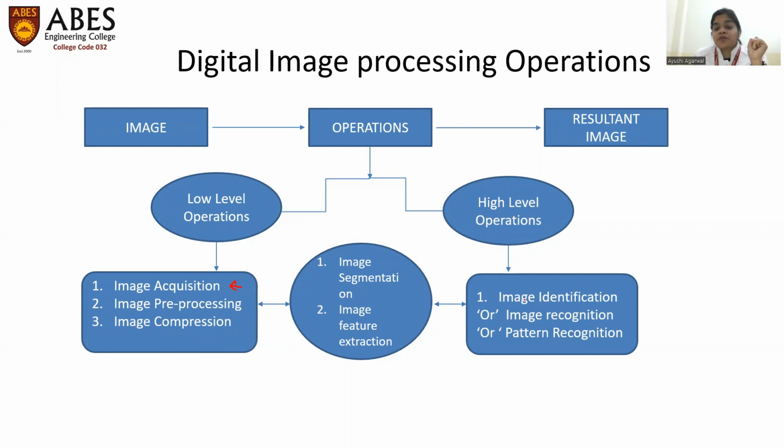Then comes the final phase, image identification, which is part of higher level operations. And the two medium phases, image segmentation and image feature extraction, act as a link between the low level operations and high level operations.